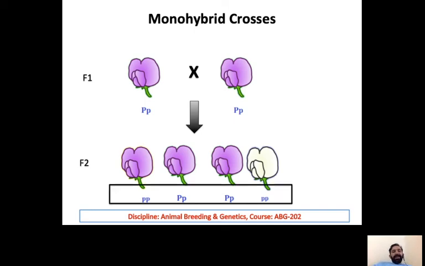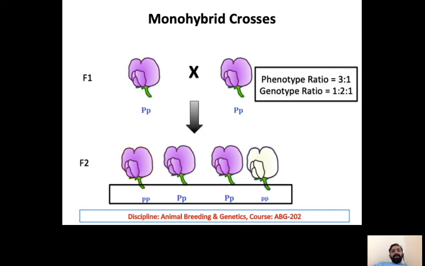So genotypes, there are two heterozygotes, one dominant and one completely recessive. So the phenotype ratio we get is 3 to 1, and the genotype ratio we get is 1 to 2 to 1.